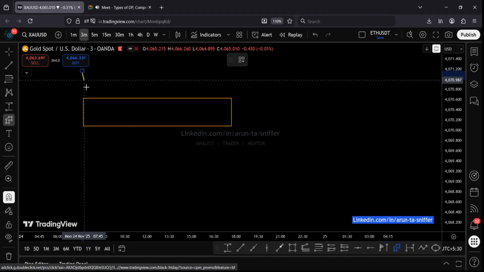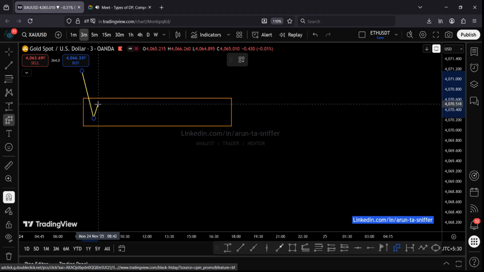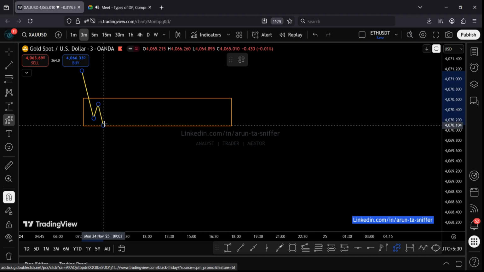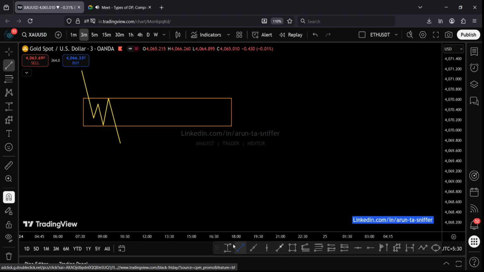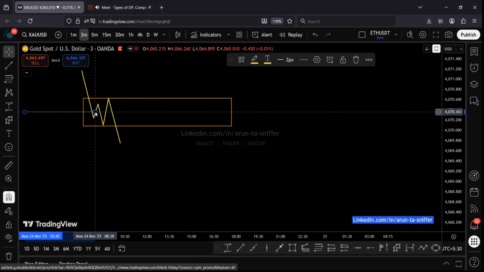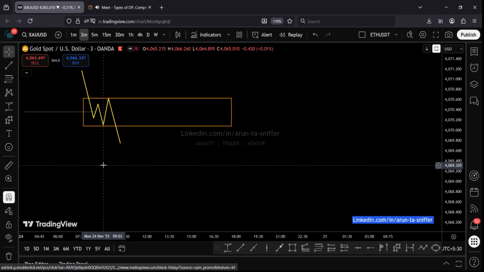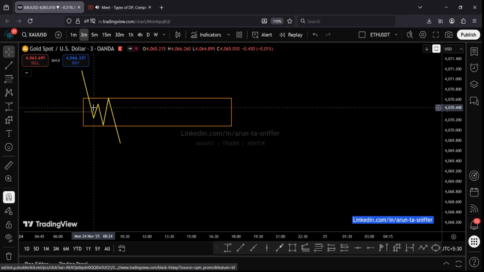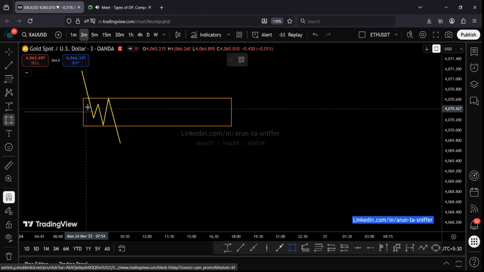Yes. Think like price comes here, goes up, comes down, goes up, and comes down. Maybe there was a level here, right? Is it possible? Yes. So where is our MPL here?